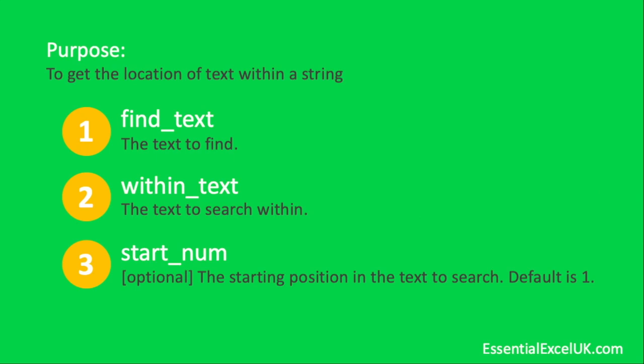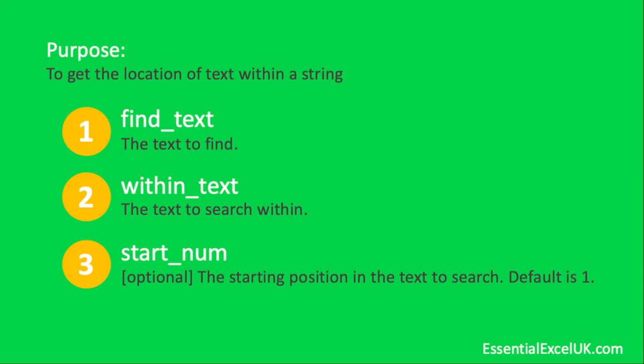A basic example: if you want to find where a comma appears within the within text, but your within text starts on every occasion with a comma, you wouldn't want to find that very first comma, but you might want to find the next comma that appears in that string.